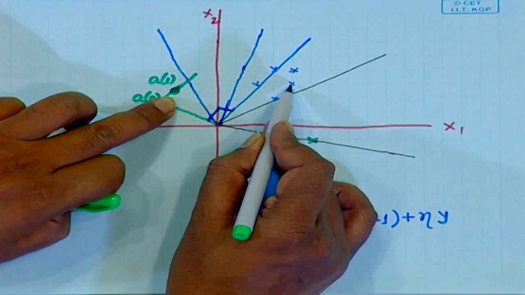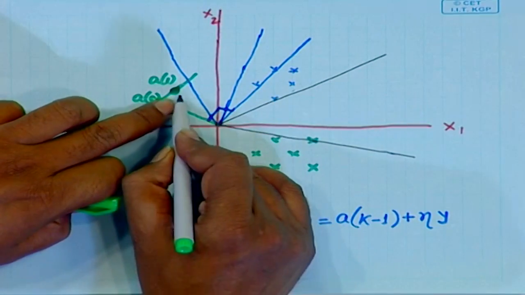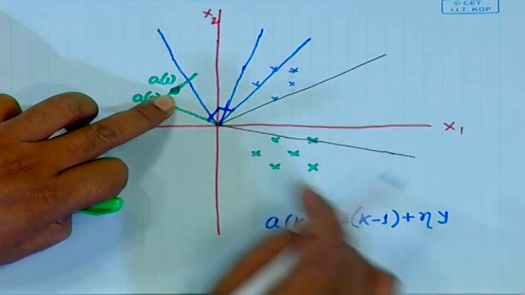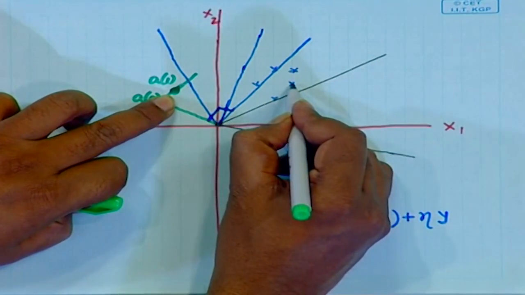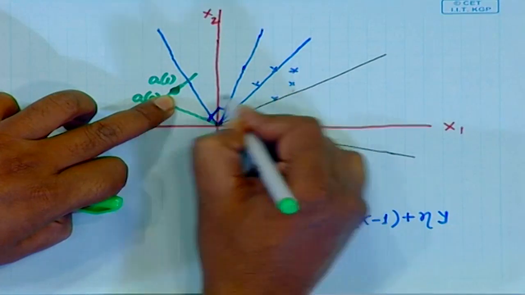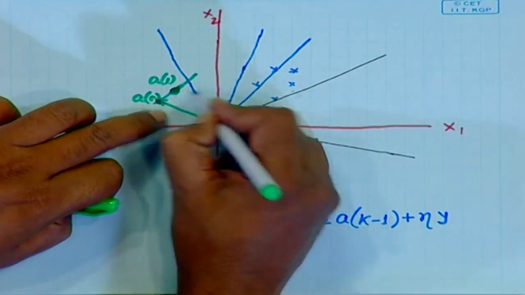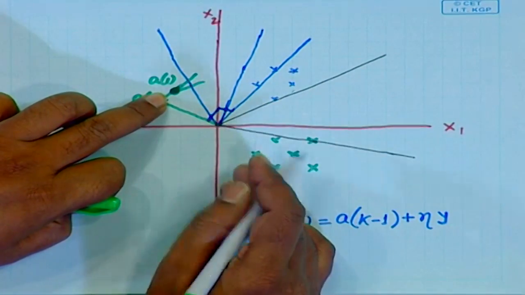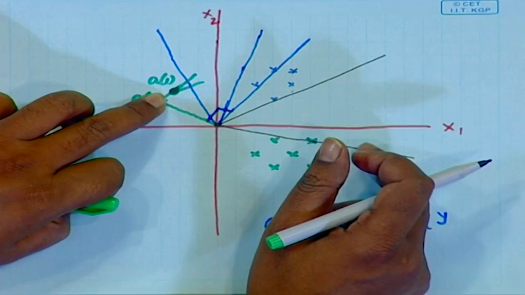If it does not classify this sample, then to determine A2, I have to add to A1 a scaled version of this sample. This is in this direction, so the vector will be moved in the same direction by a certain factor.